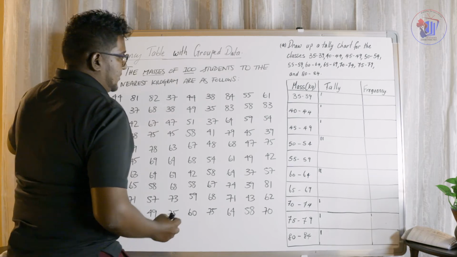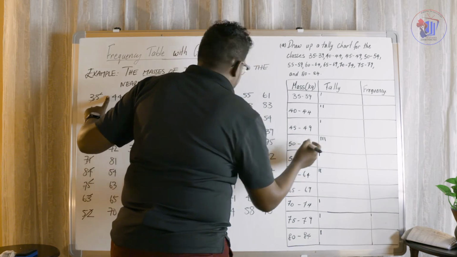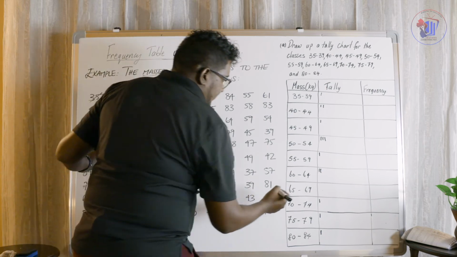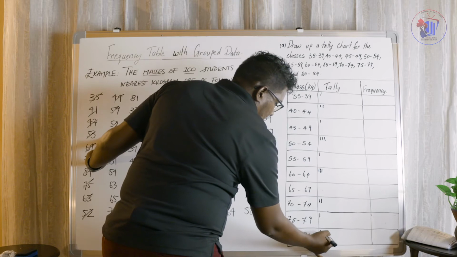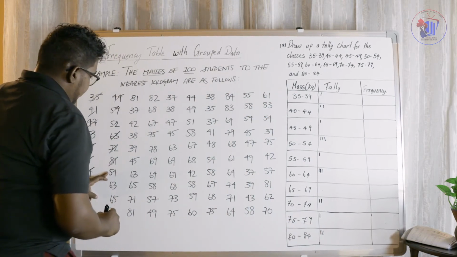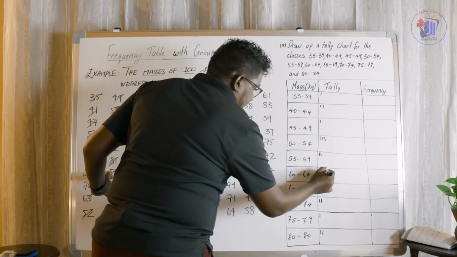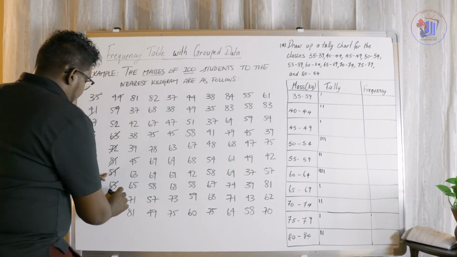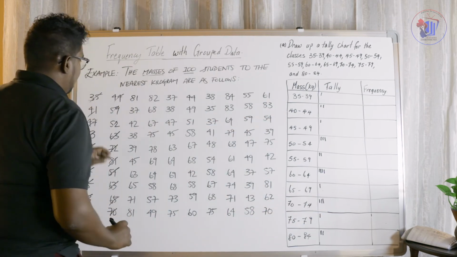Second column: 44, 59, 52, 63, 72, 81, 54, 63, 65, and 70. Good, we're done with the second column.